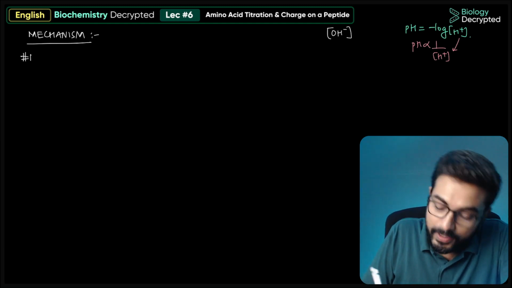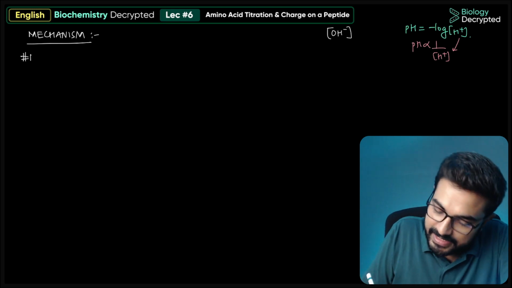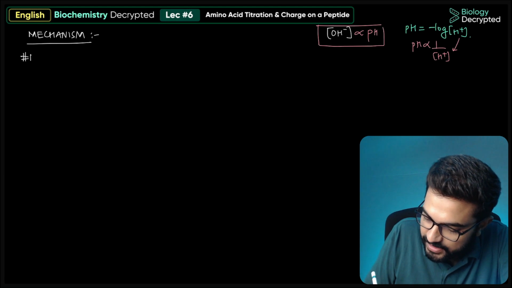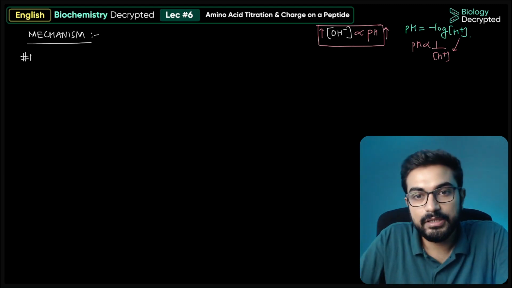So OH minus ion concentration is directly proportional to pH. Very, very important: if we are increasing OH minus ion concentration, we are also increasing the pH.